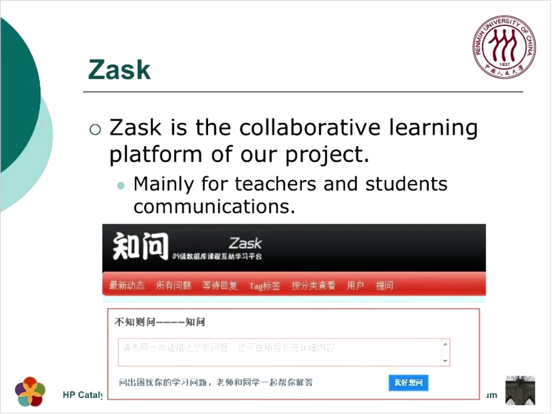And all of the students have their account in the ASK, and over 98% of students have taken part in online discussion and activities. And more than half of the information discussed in the ASK is supposed to be meaningful and helpful.